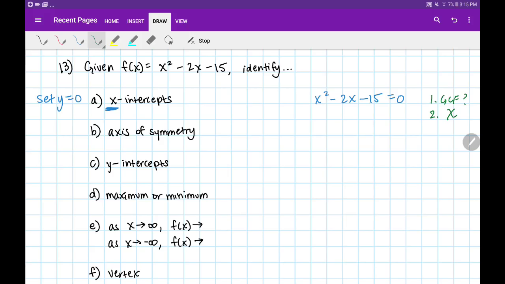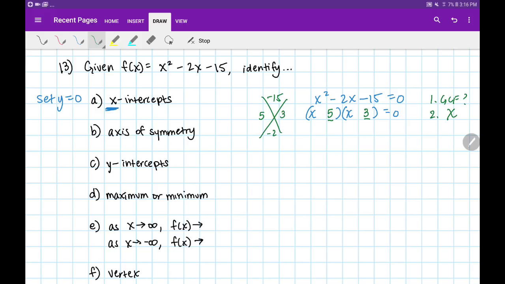Do whatever you need to do. I'm going to go ahead and do it this way. So I need x's in the first spot. Now my next terms need to multiply to negative 15, and they have to add up to negative 2. So let's try 5 and 3.